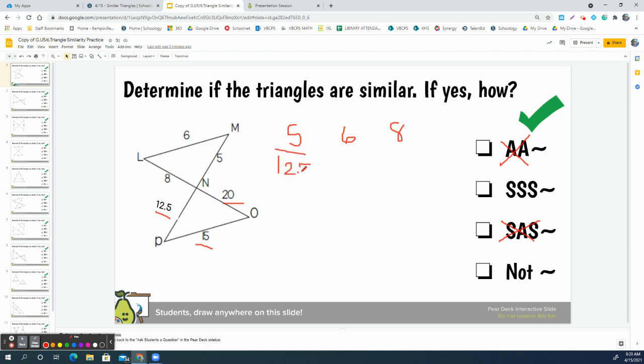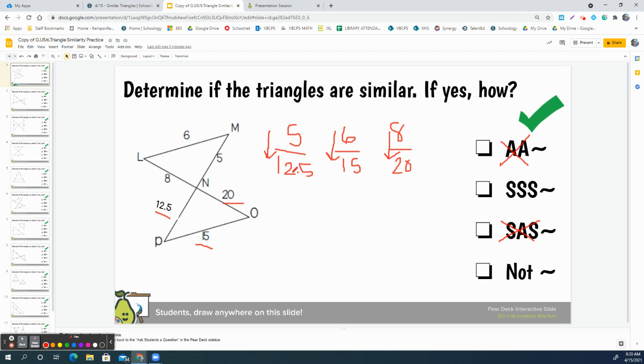So 12.5, 15, and 20. In the notes, we reduced these, right, to smaller fractions. These 2 fractions over here are easy to reduce. This one with the decimal is a little bit harder. So what I want you to do here is actually find the decimal.